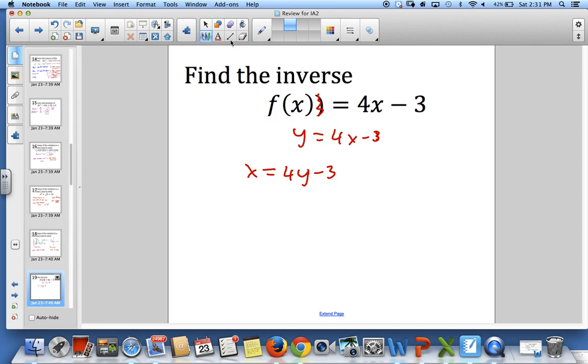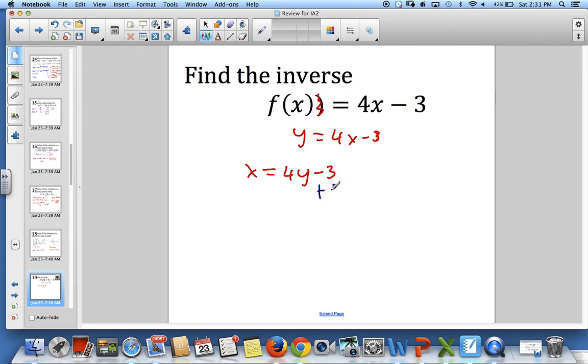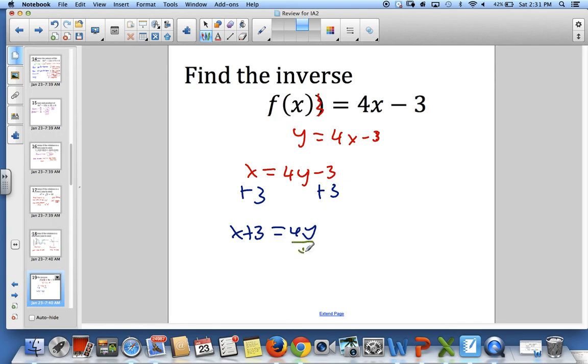So using the steps we learned in 8th grade to solve for y, we're going to add 3 to both sides. And then what that becomes is x plus 3 equals 4y. And then the final step would be to divide by 4. Divide by 4 and these cancel, so I got y equals (x plus 3) over 4. And that's the final answer there.